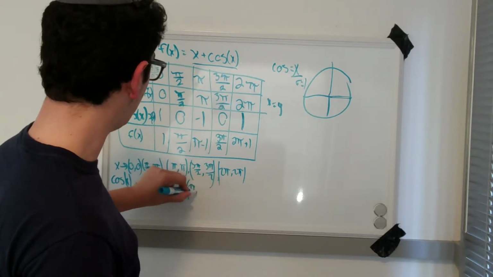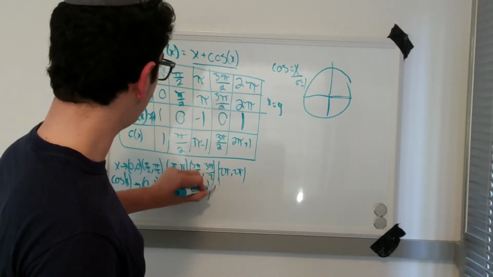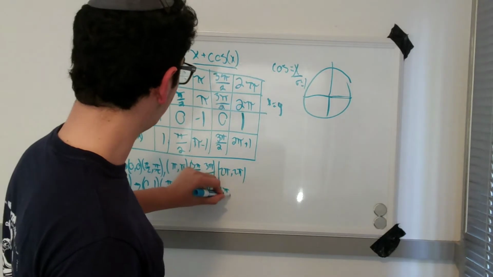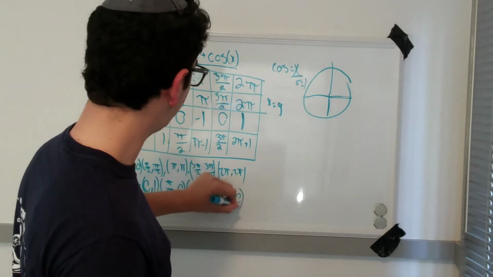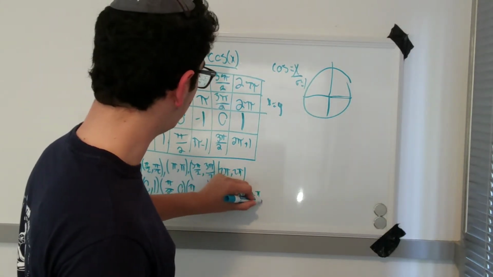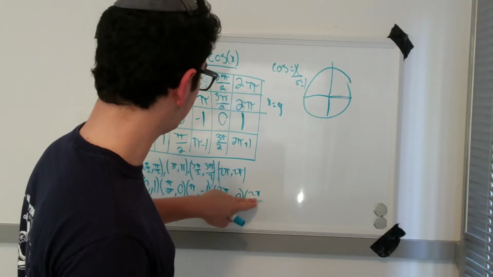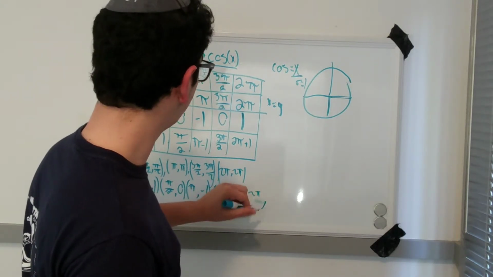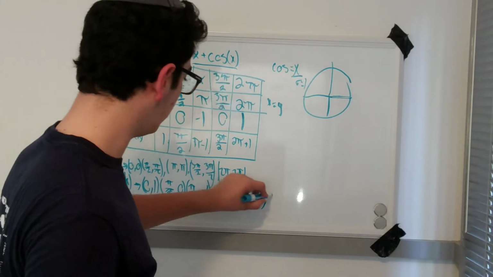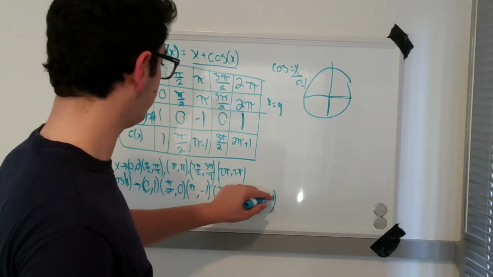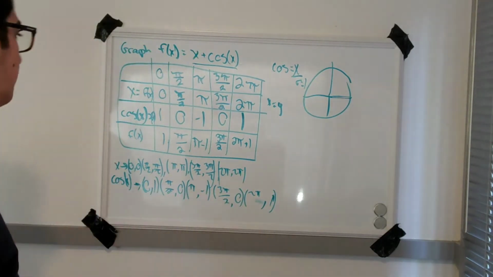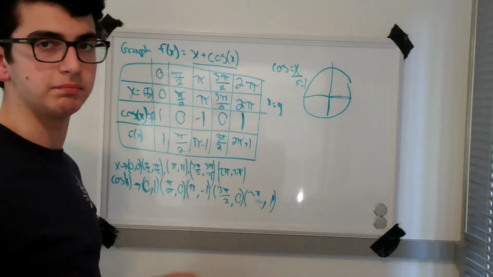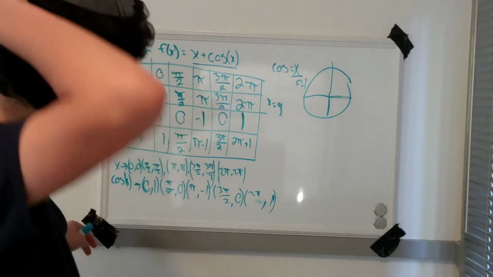Then we have pi, minus 1. 3 pi over 2, 0. 2 pi, 1. And I'm just not going to write what f of x is because it's just these two added together.